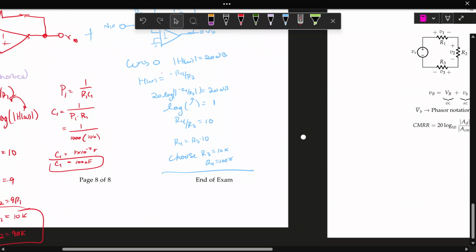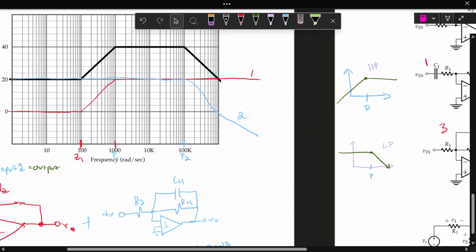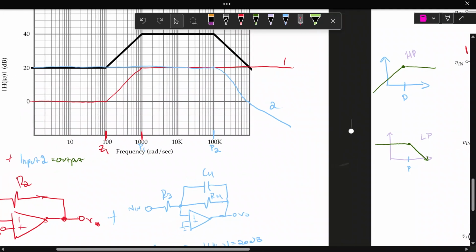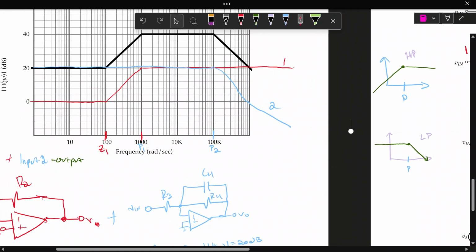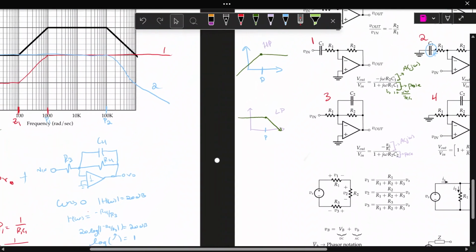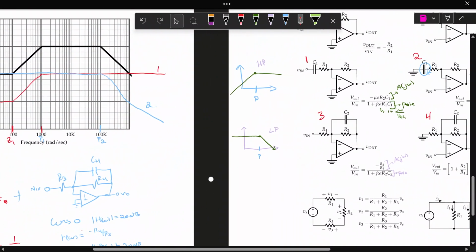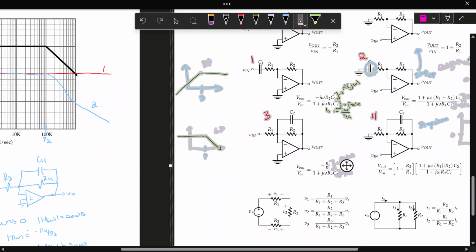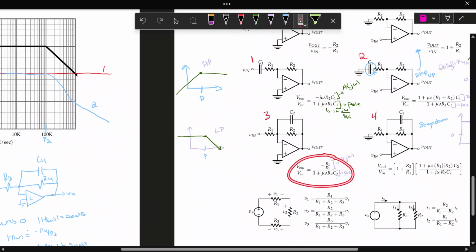Now we need to figure out the value of our capacitor. We look at the pole that is affecting our second Bode plot, which is P2. Well, what is that equal to? Let's look at what our low-pass filter shows us. This is our low-pass filter transfer function.